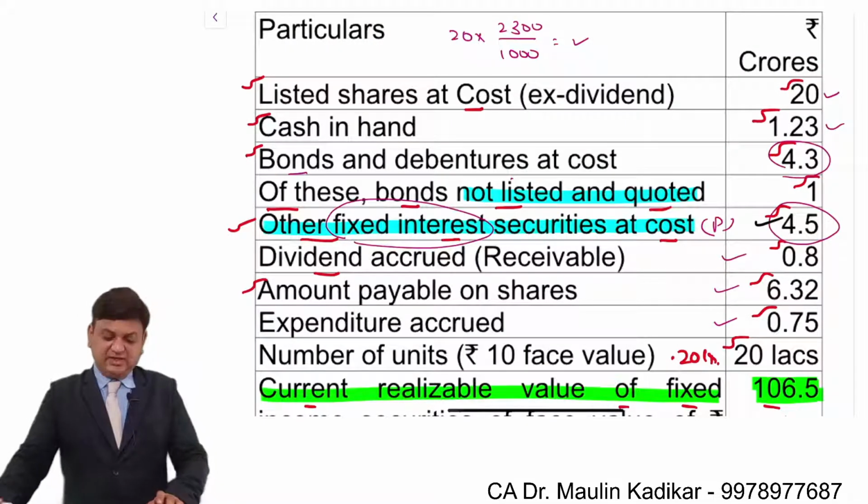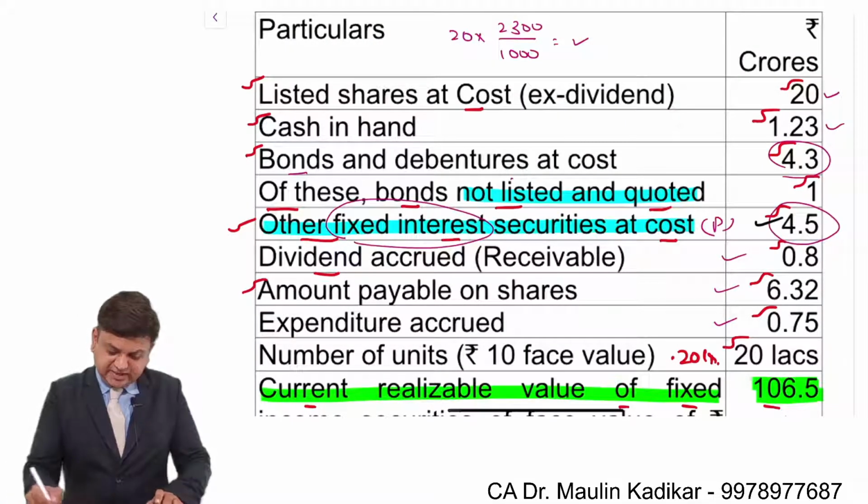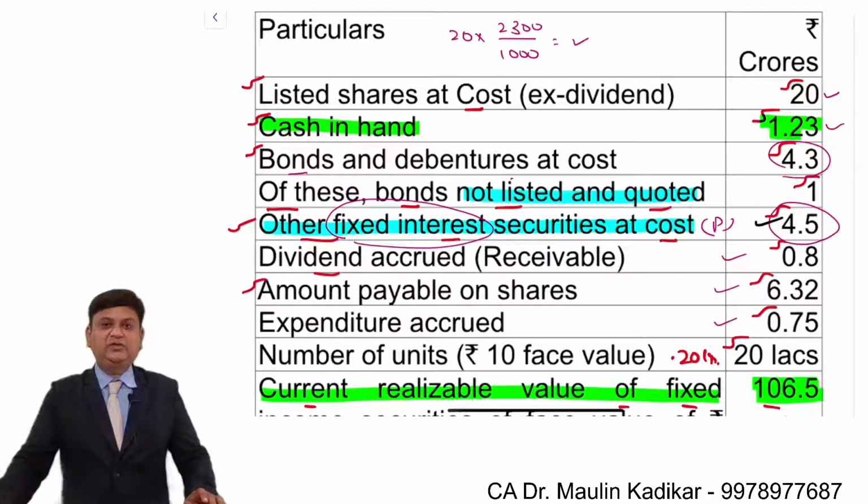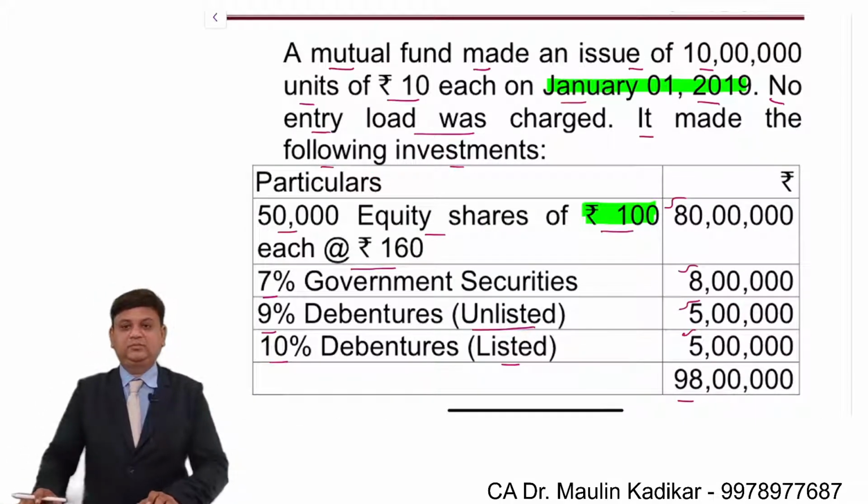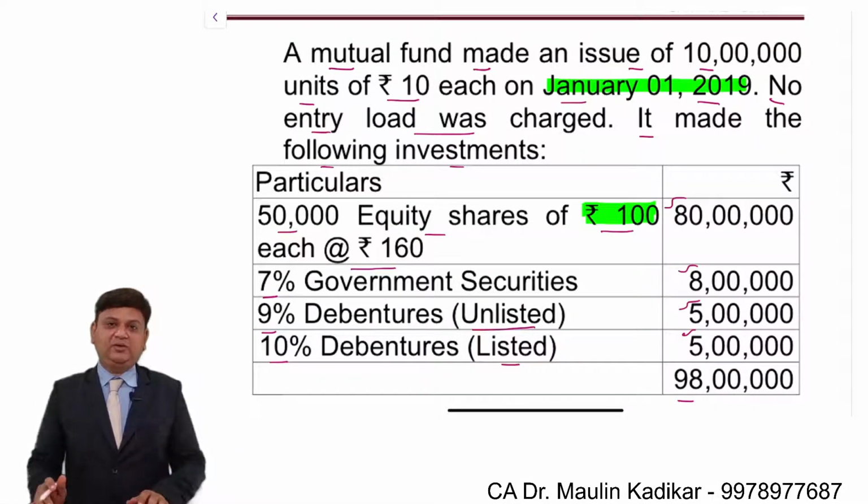In the questions that we did earlier, this kind of cash balance was provided to us ready-made on the date on which you are required to calculate the NAV per unit, but over here, we are required to calculate the same. Let us understand how to calculate the same.